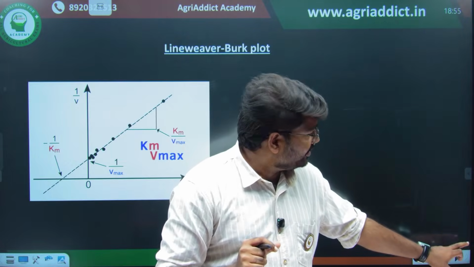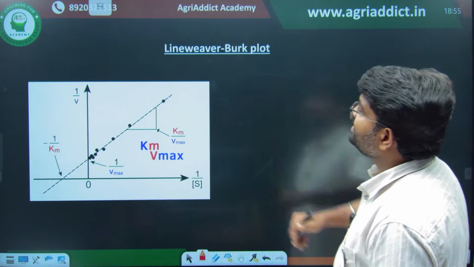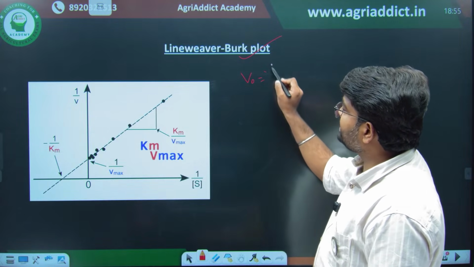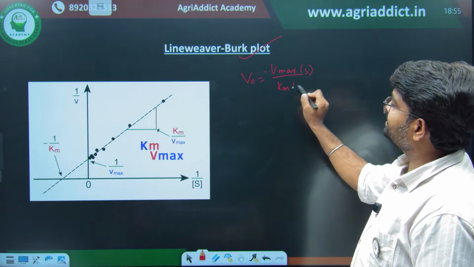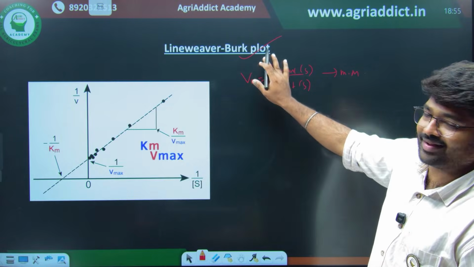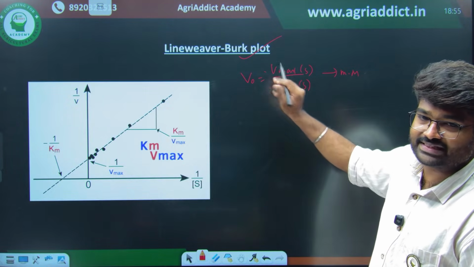I am going fast because we have discussed these things very nicely in our lecture. Now we are going to see the Lineweaver-Burk plot. We know V0 equal to Vmax times S by Km plus S. This is the Michaelis-Menten equation. The Lineweaver-Burk plot is the double reciprocal plot of the Michaelis-Menten equation.